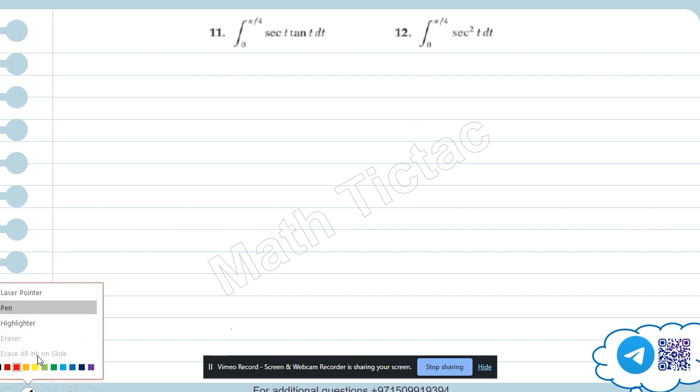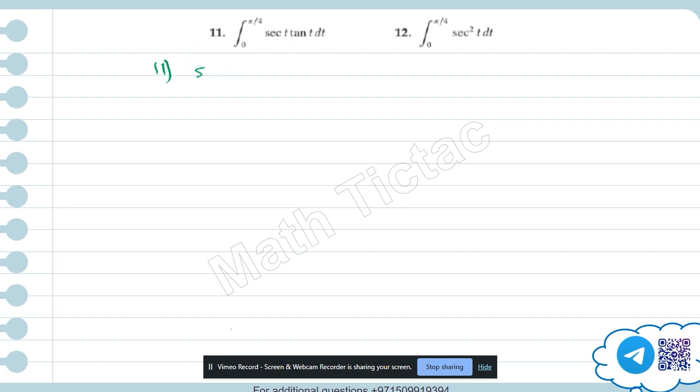Okay, what about question 11, question 12? So in here, what function, if we find a derivative for it, will be secant t, from 0 to pi over 4, because the derivative of secant t is equal to secant multiplied by tan.